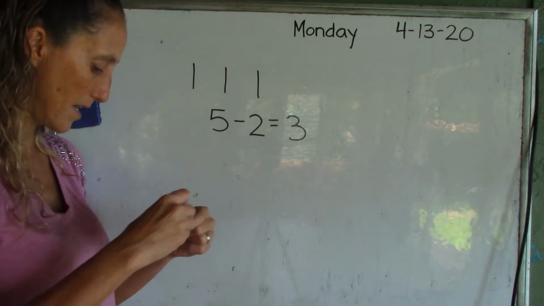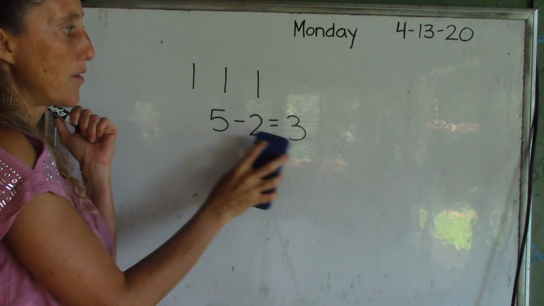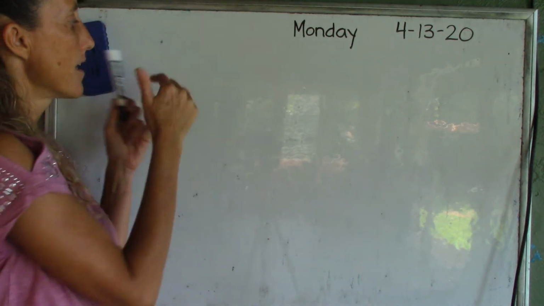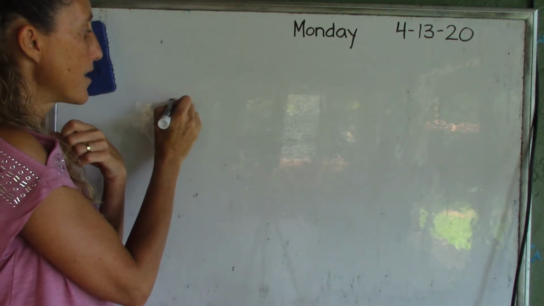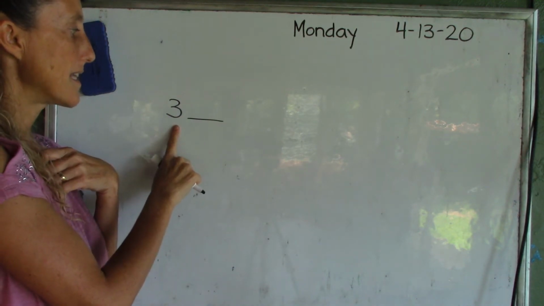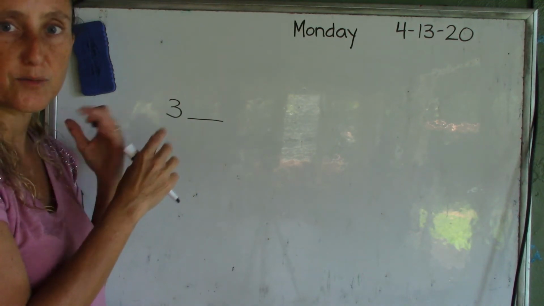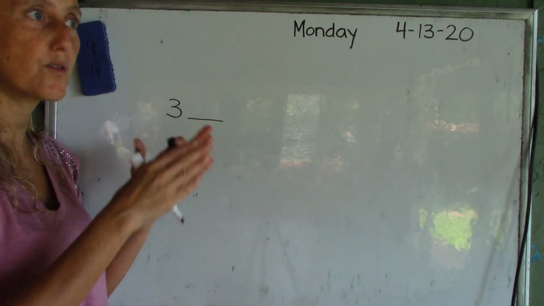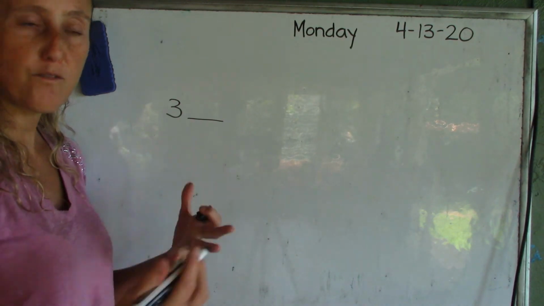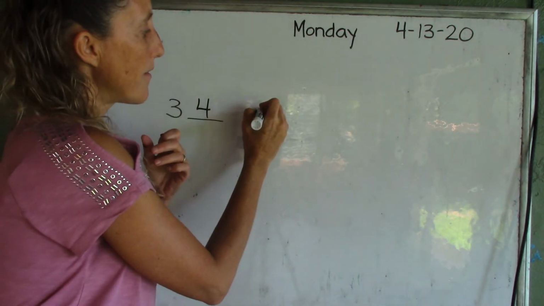Very good. All right, so if we have numbers, like we have the number 3 here, if I have the number 3 and you see a line after it, they are asking what number comes right after 3. So when you're counting 1, 2, 3, 4. So 4 is the number you would write on the line. So let's try, what about 15?